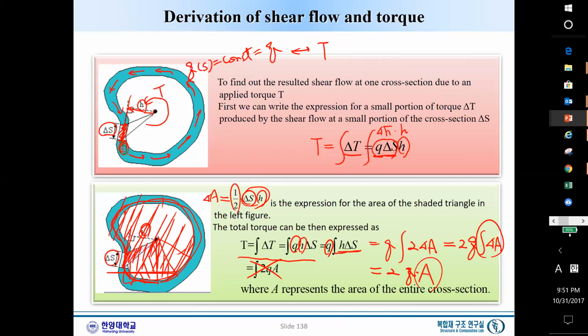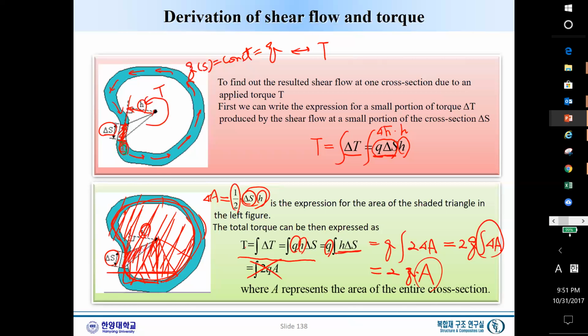Well, it doesn't matter that much, because we already have the assumption that the thickness T is very thin. So it doesn't matter whether inside or outside. But to be consistent, let's say we have a center line. You will see it doesn't matter that much.